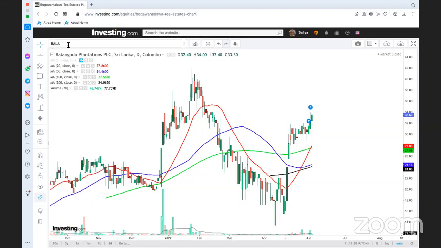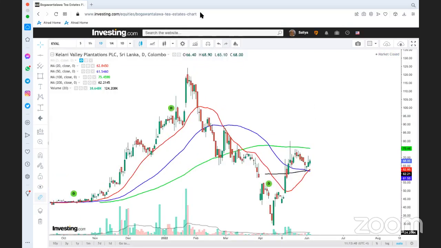Then let's go to another counter, Kalani Valley Plantation. What we are looking at is a breakout of all the 4 moving averages, but Kalani Valley is not like that.